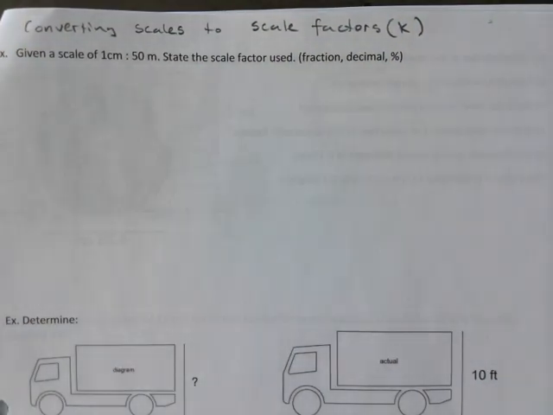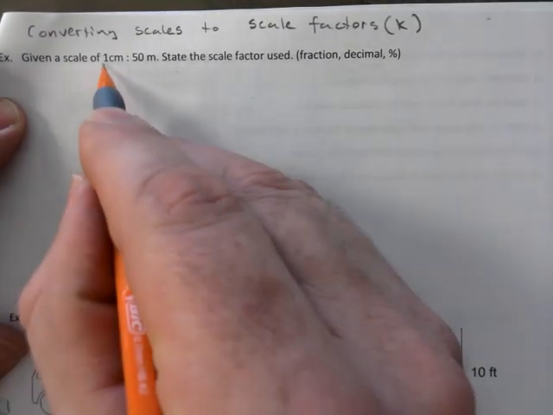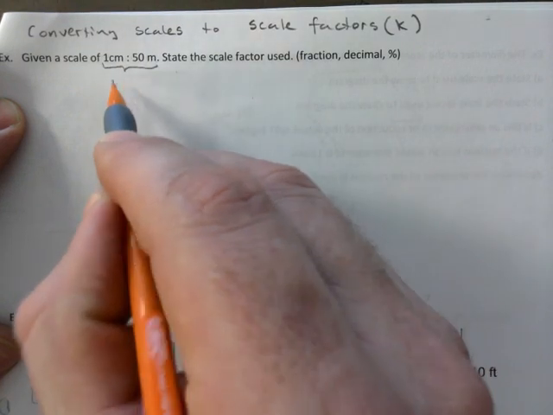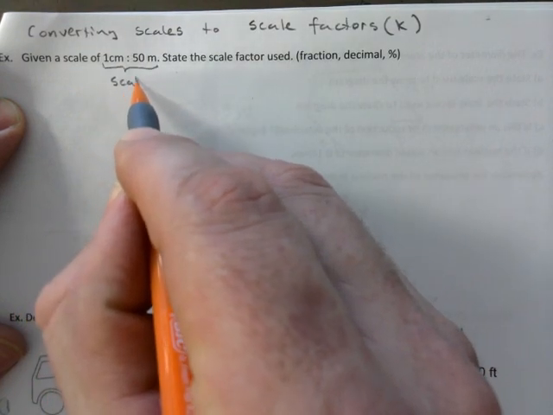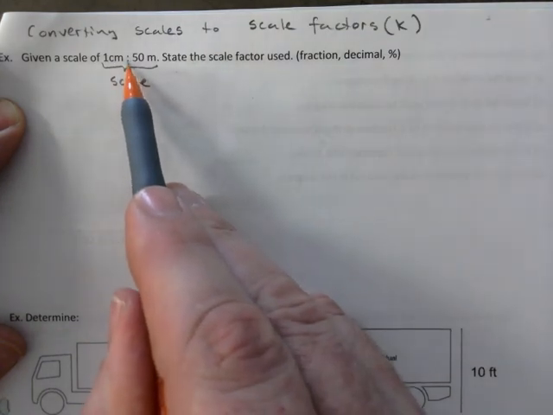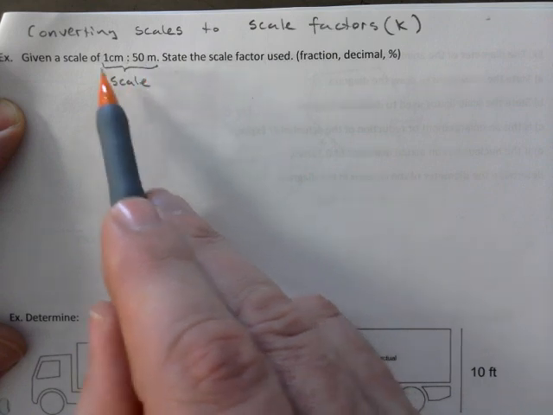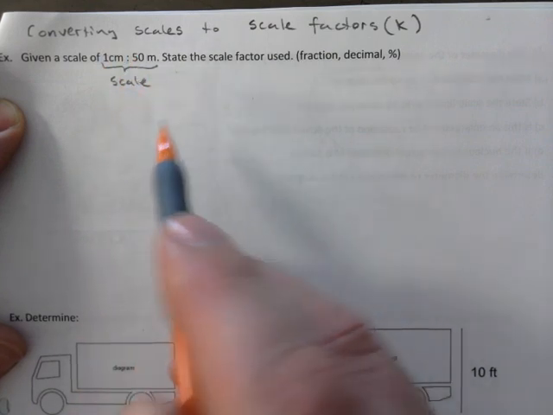You can bet that that's going to be on a test. This right here is a scale. How do you know? Well, there's a ratio, right? There's the colon there, 2 different units, which is all acceptable for a scale, but not acceptable for a scale factor.